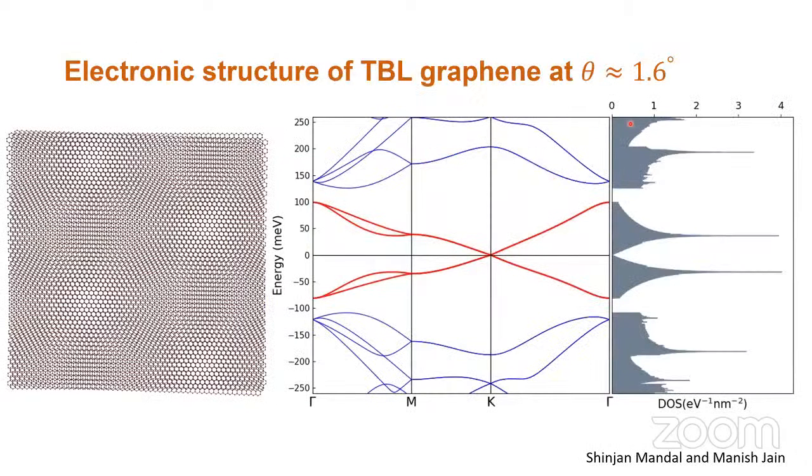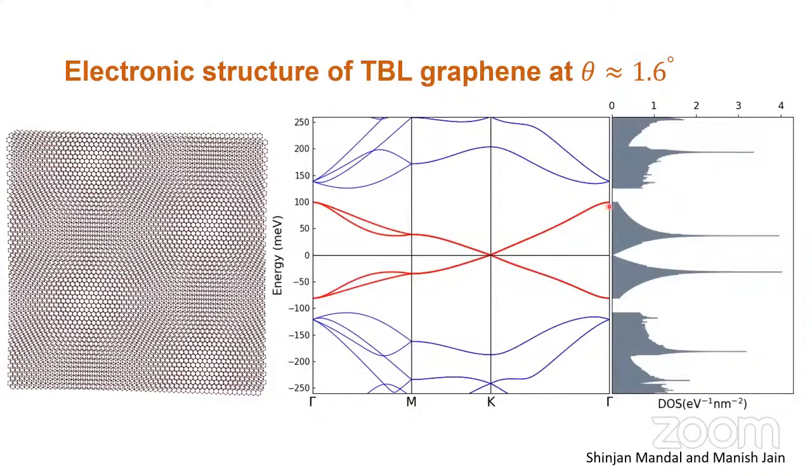The basic idea here is this calculation done by Shinjan and Manish in my department. If you look at the overall density of states, these are the low energy bands, this is the first Moiré band, this is the second one, and the third and opposite ones here.